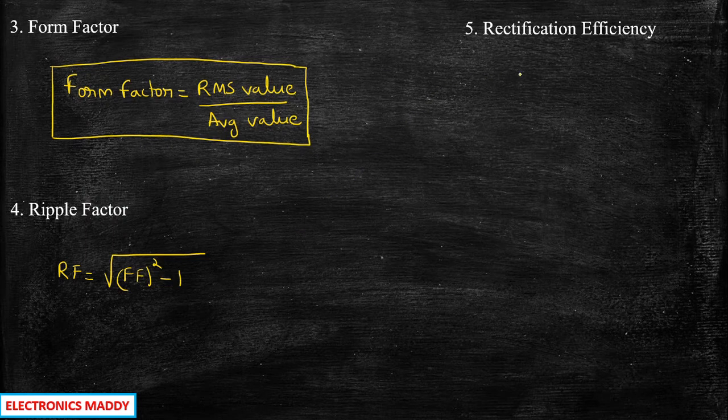The fifth and important parameter is rectification efficiency. In general, rectification efficiency represented in this form is the ratio of output DC power divided by output AC power.